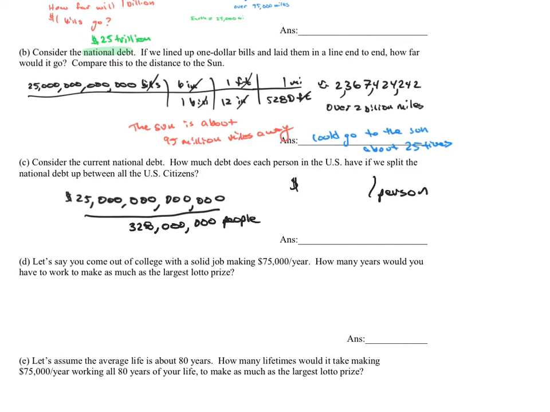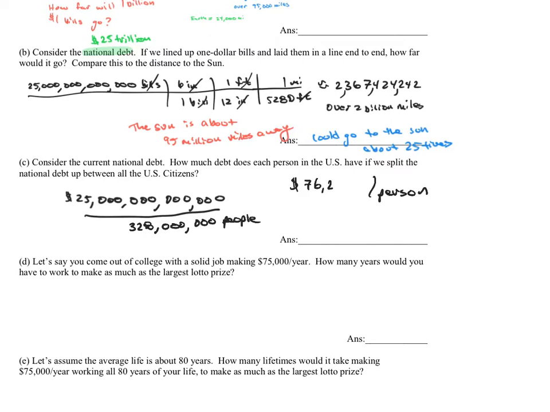So in our calculator, let's do 25 trillion. 25 with 1, 2, 3, 4, 5, 6, 7, 8, 9, 10, 11, 12 zeros. Divide that by 328 million, 328 with 6 zeros, 1, 2, 3, 4, 5, 6. Be careful when you're putting it into your calculator. Hit enter. What does every single one of us, United States citizens, owe?